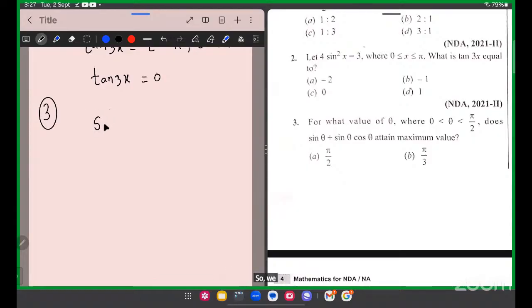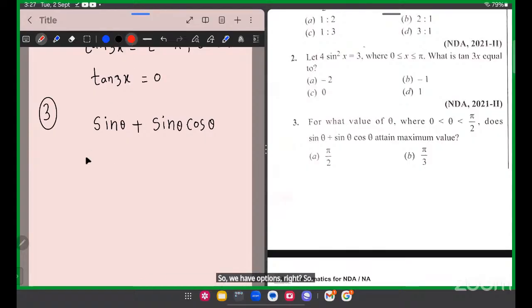So we have got sine theta plus sine theta into cos theta, right? So we have options, right?